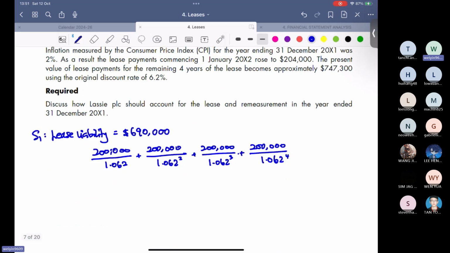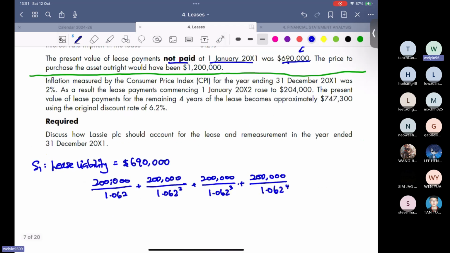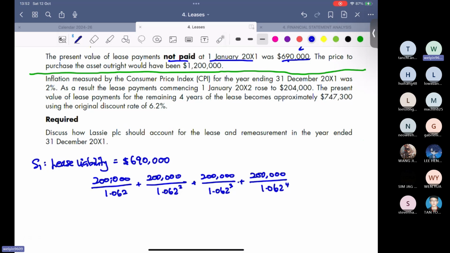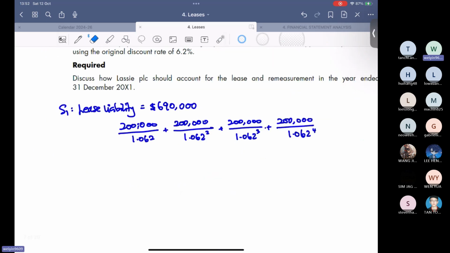Why do I only calculate 4 times? Because the moment you sign this, you already make your first payment of 200,000. So for 5 years, you paid 200,000 once, and the remaining 4 years are not yet paid. Since the question gives you 690,000, you no need to calculate this one, so remove it.